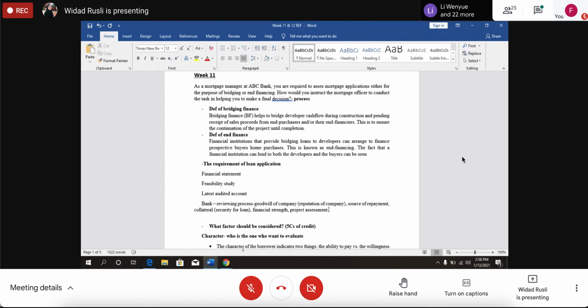Yes. So the purpose is what? We use the factor to make our decision on which bridging or end financing is suitable. I think the 5 C's of credit act as a guideline.